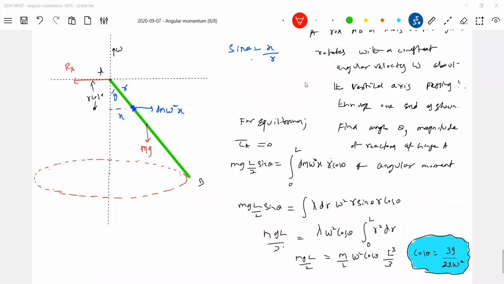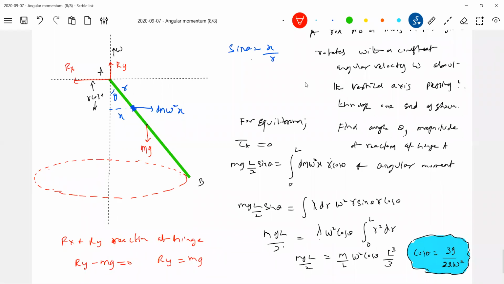It is rotating, and on its own it cannot rotate; somebody should rotate it. So there will be reaction at the hinge, Rx and Ry. Ry minus mg should be 0, therefore Ry is equal to mg.